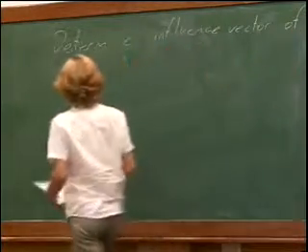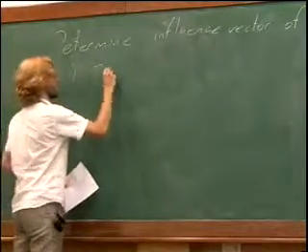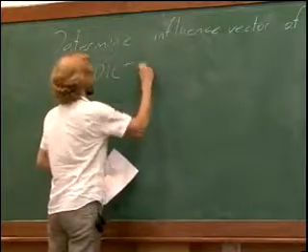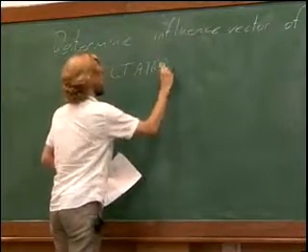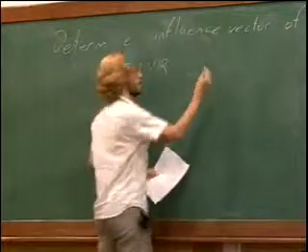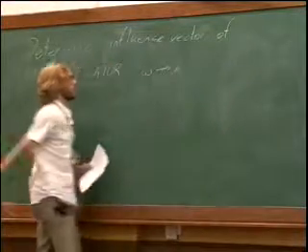And our first examples are, I'll do all of them at once, the dictator function. Recall that one takes a long string of bits omega and just returns the first bit.